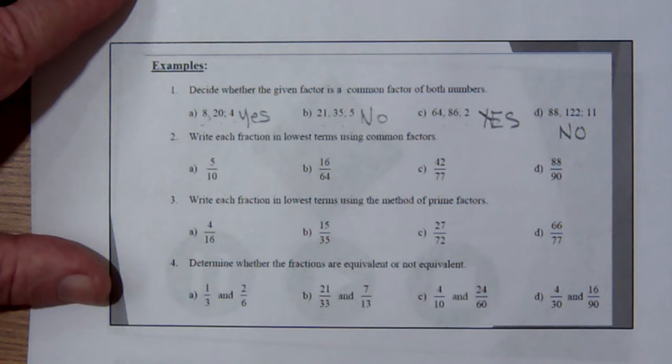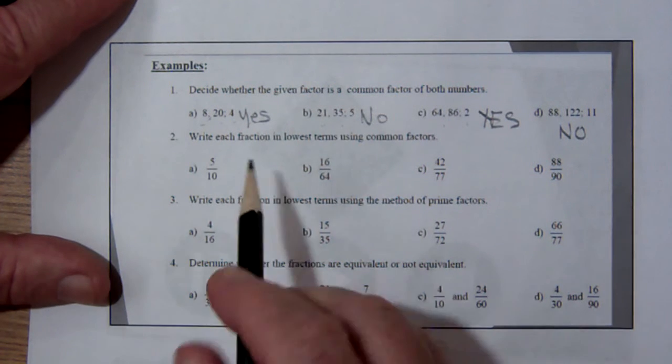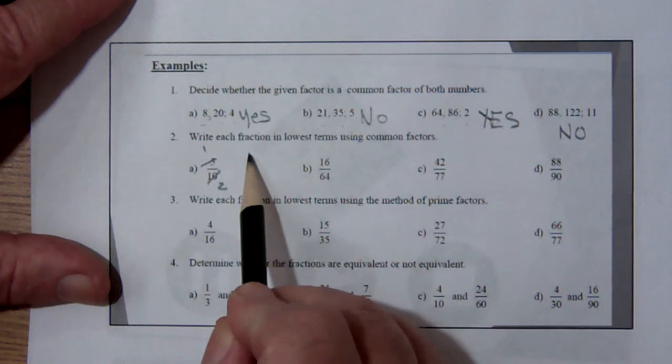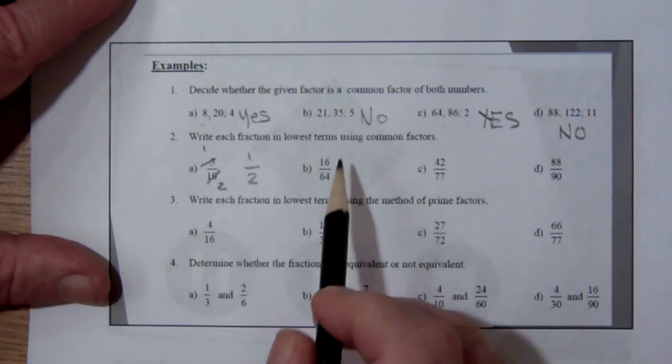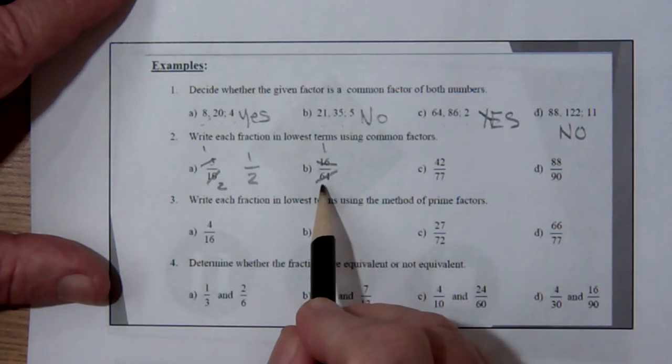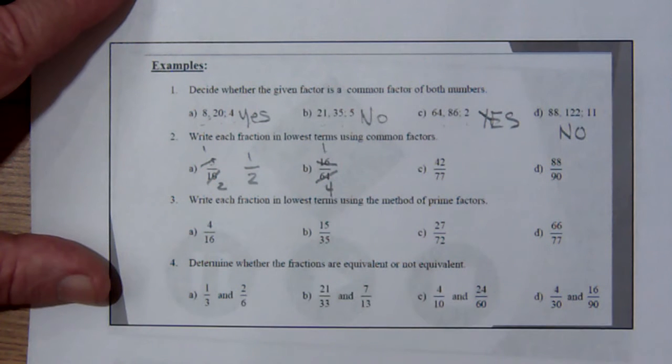In the next set of exercises, we're to write each fraction in lowest terms using common factors. So here 5 goes into 5 once, 5 goes into 10 twice, so that should be 1/2. Here 16 goes into 16 once, 16 goes into 64 4 times, so that is 1/4.